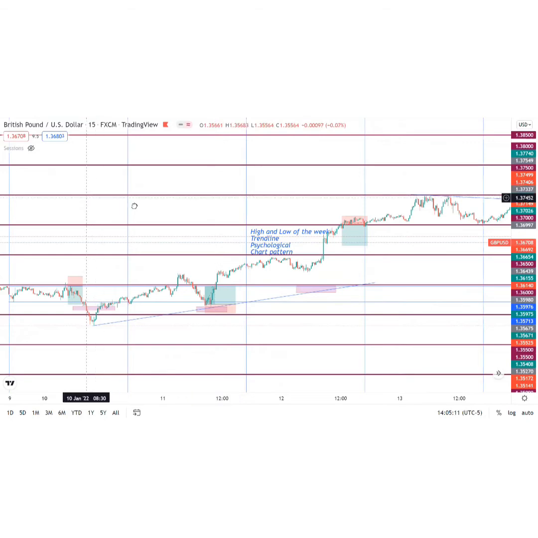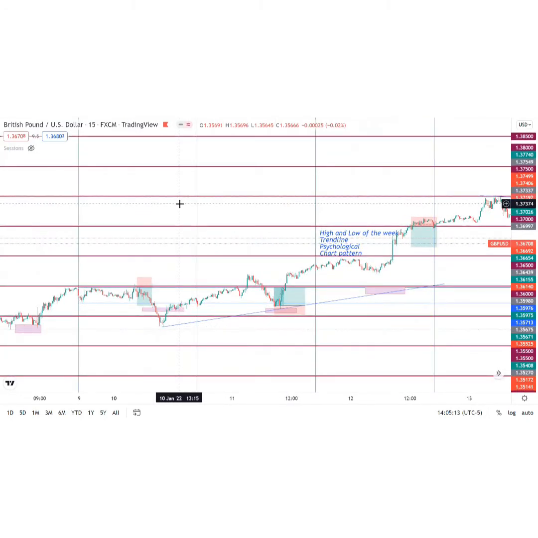The first thing I do on Monday morning, I want to try and explain the strategy I trade. I go to my 4 hours candlestick chart. When I go to my 4 hours chart on Monday morning, I pick my high and low of the week.